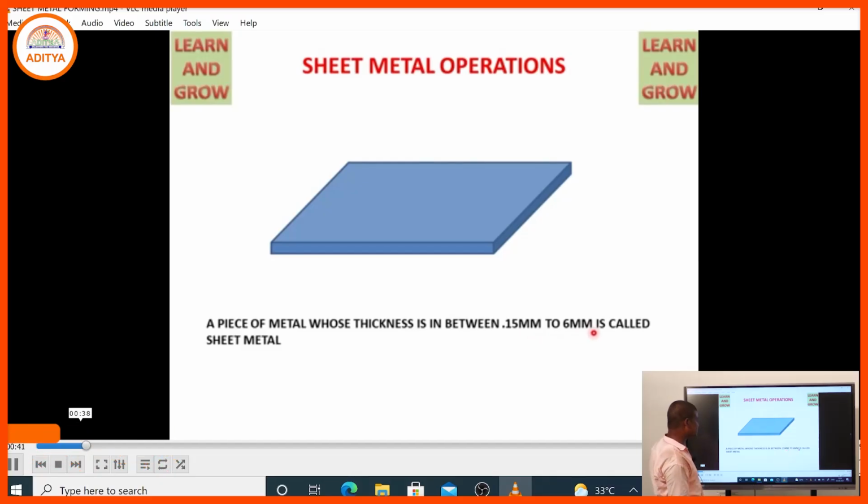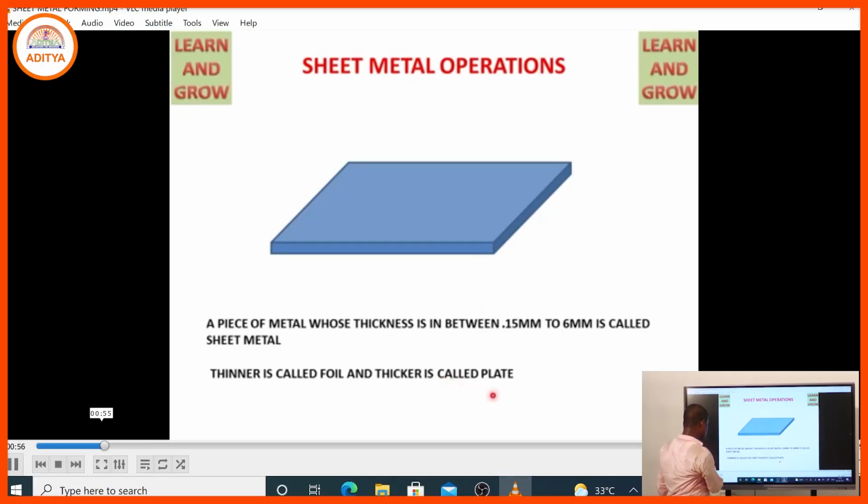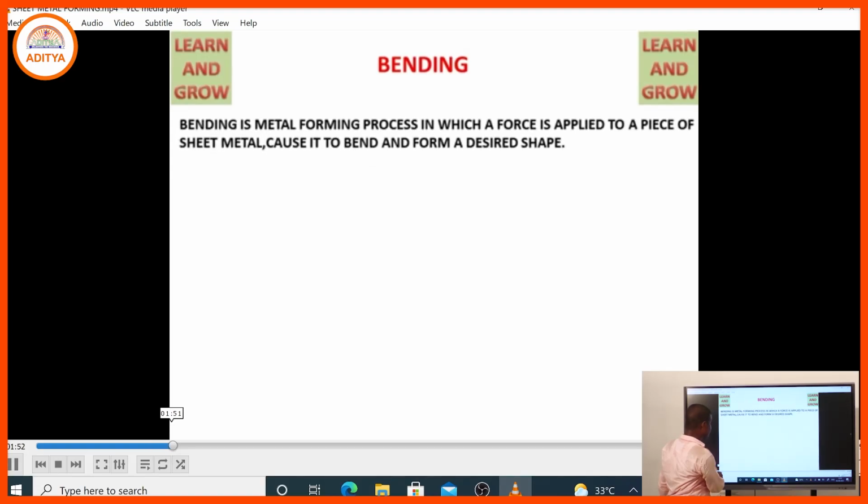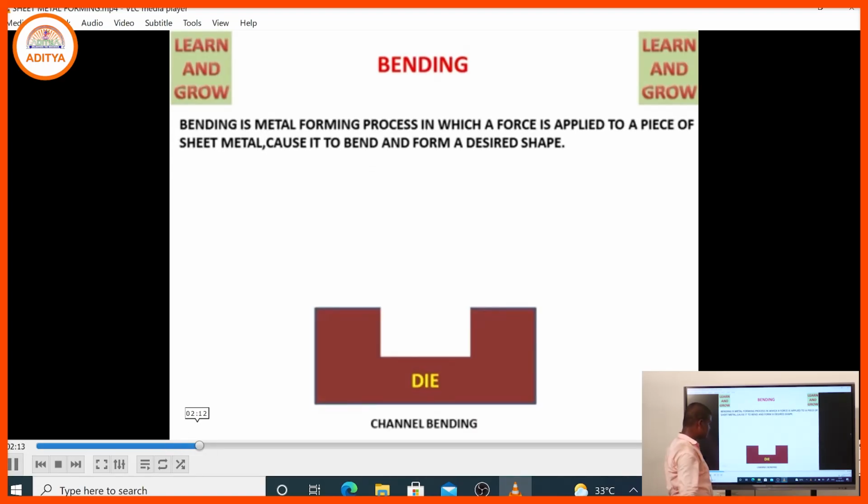A piece of metal whose thickness is between 0.5 mm and 6 mm is called sheet metal. Now we are coming to sheet metal operations. That is the die, and here we are taking channel bending of thin sheets.